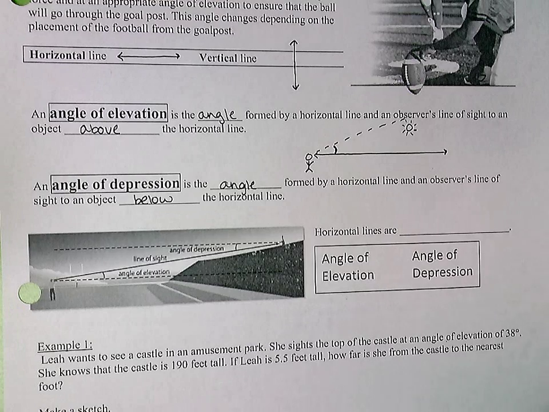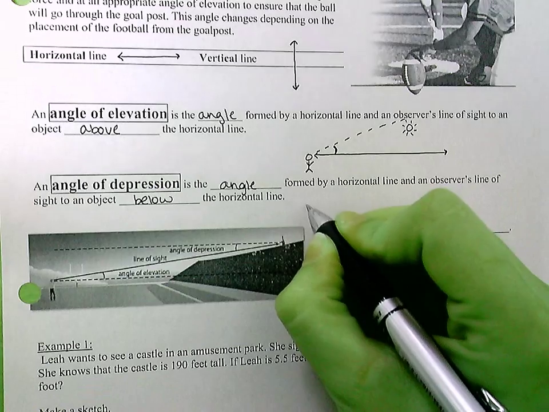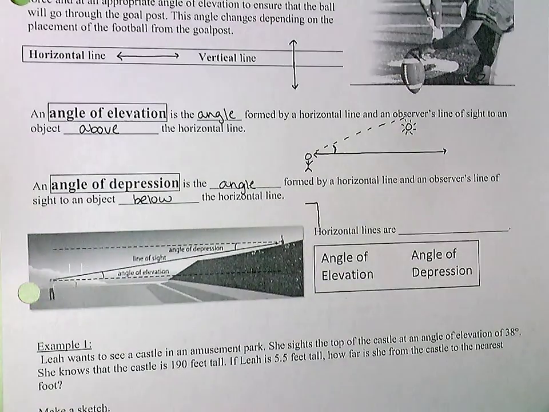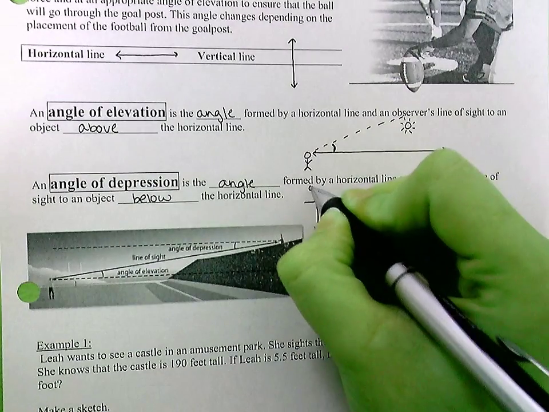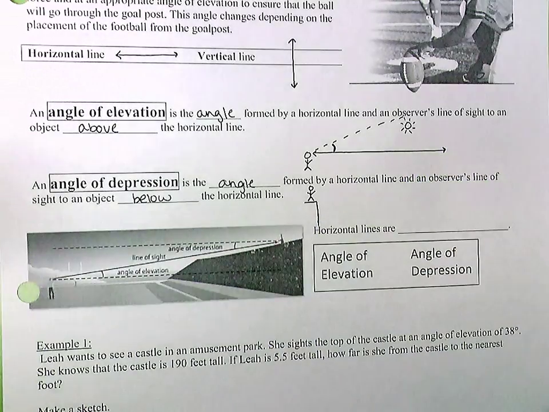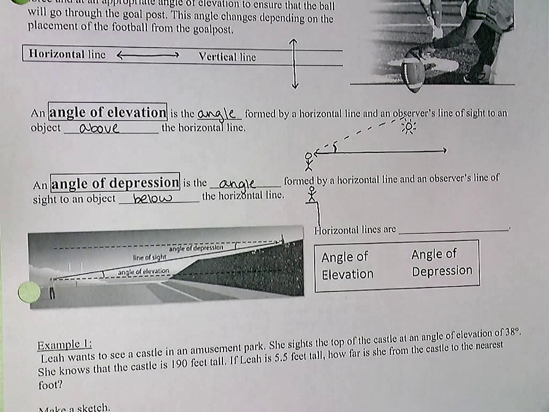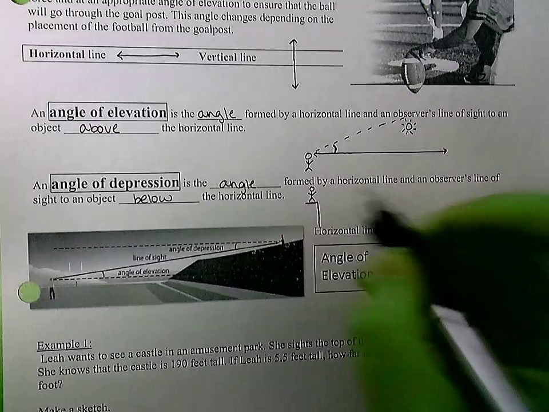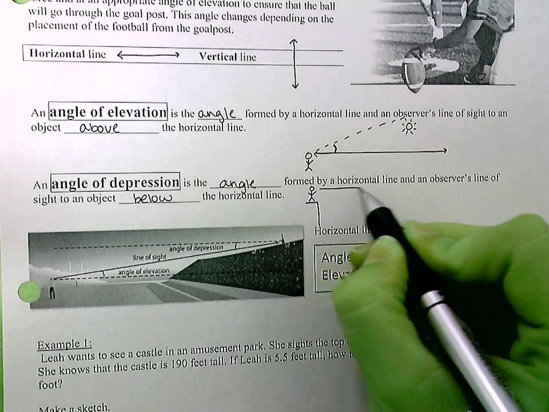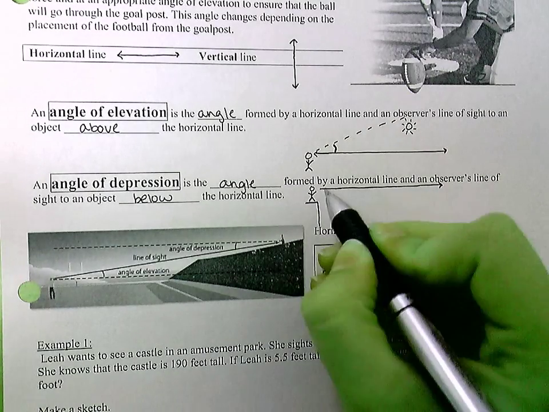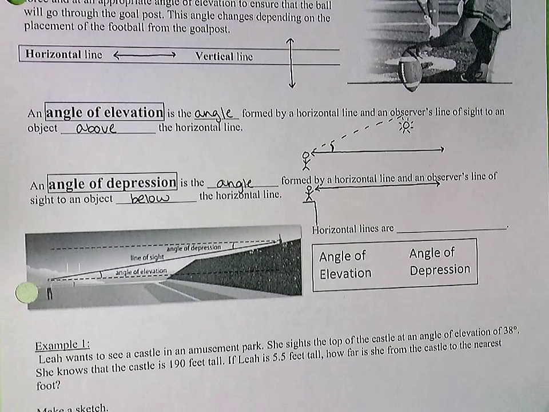If I have this cliff here, and I have this person standing on that cliff, their horizontal line again comes right off their eyesight there. That horizontal line is always from their straight eyesight.